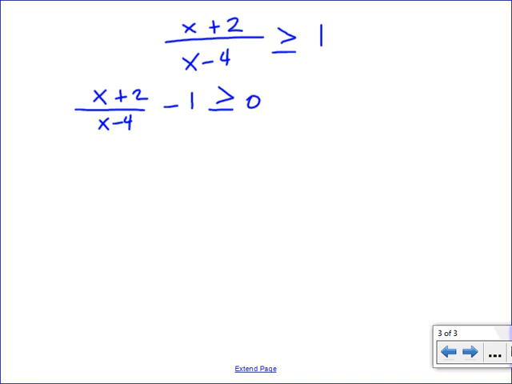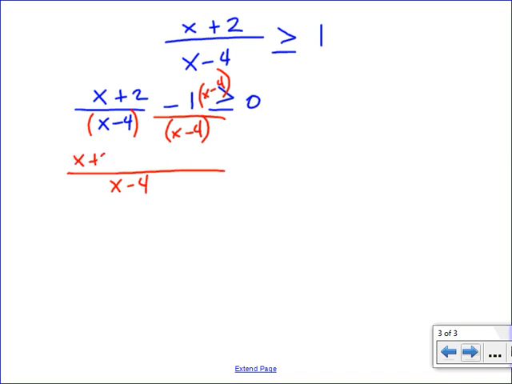But I've got 2 terms on the left side of my function now, and I only need 1. So I must find a common denominator, which is x minus 4. And what I do to my denominator, I must do to my numerator. So, write over a common denominator, x minus 4, and combine your numerator terms.